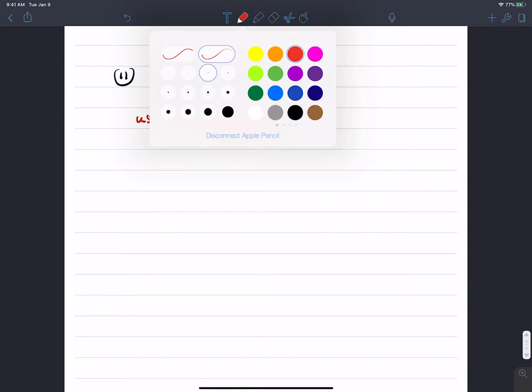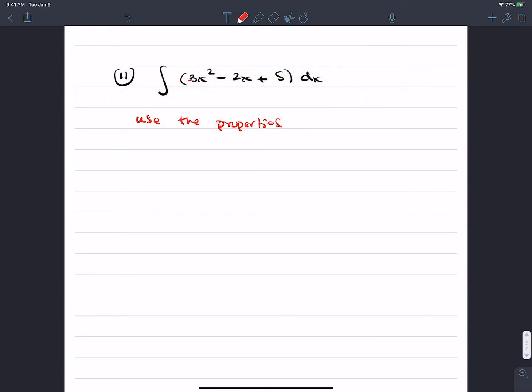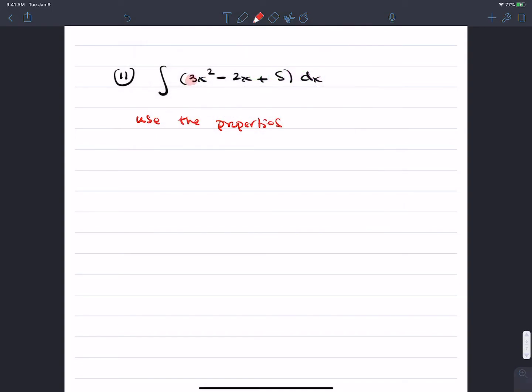Okay, so here's how I kind of look at it. I first of all notice constant, constant, I see all my constants. So that stands out. So I'm going to say, okay, that's 3 times the integral of x squared dx minus 2 times the integral of x dx plus the integral of 5 what?